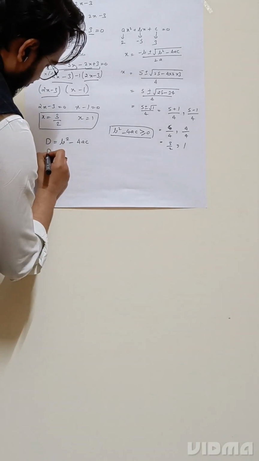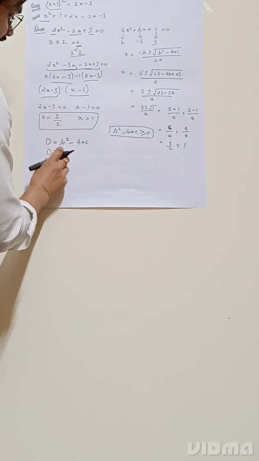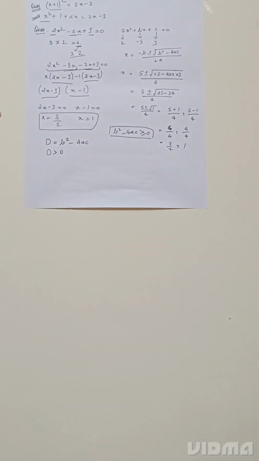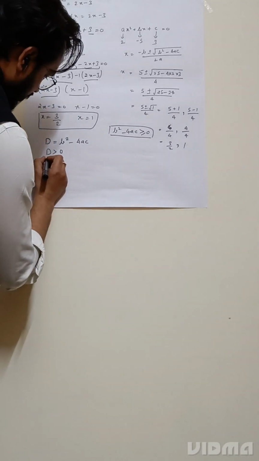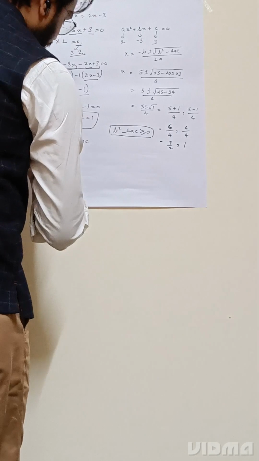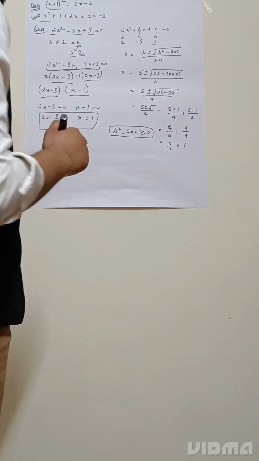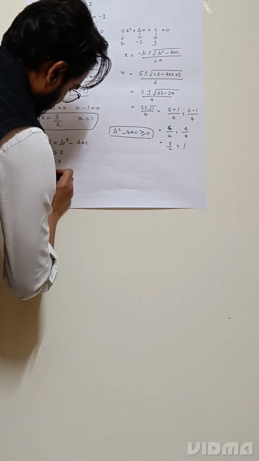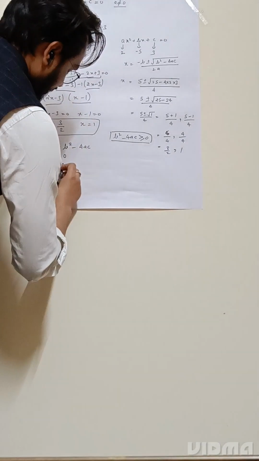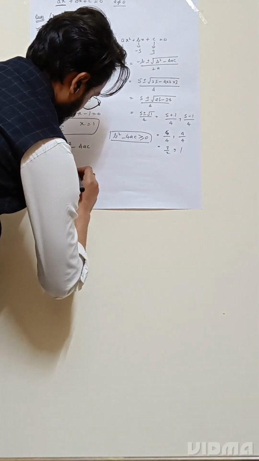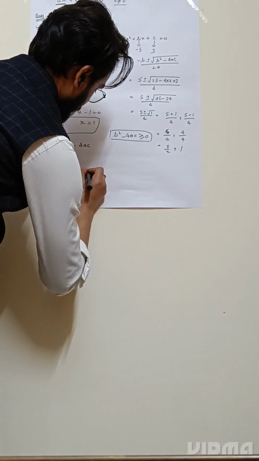If the discriminant is greater than 0, then the equation has real roots. If the discriminant is equal to 0, then the equation has real and equal roots. If the discriminant is less than 0, then the equation has imaginary roots.